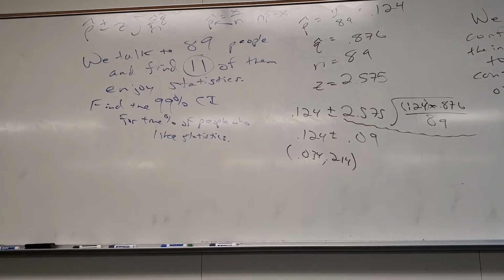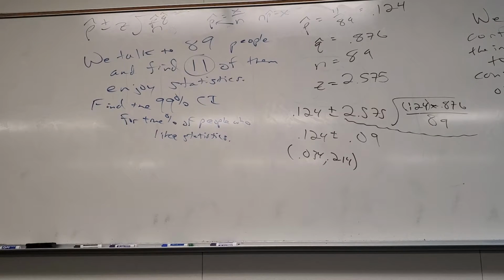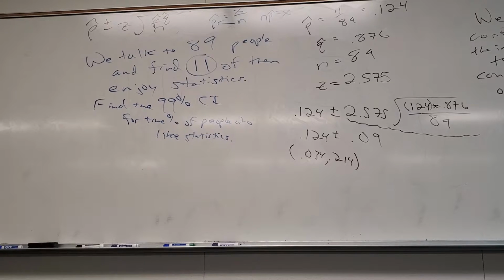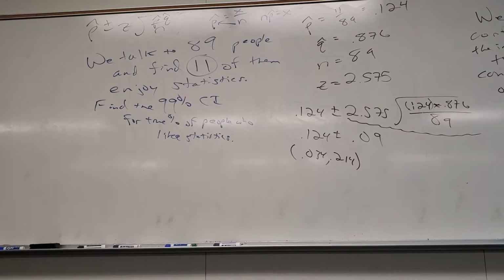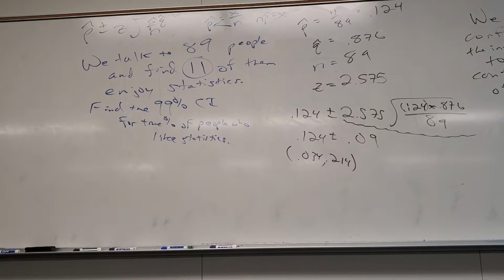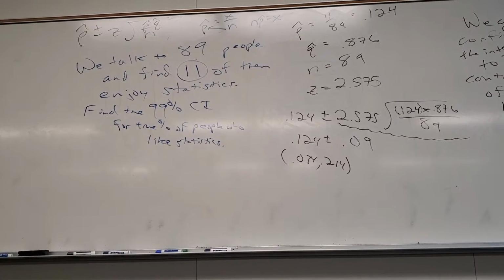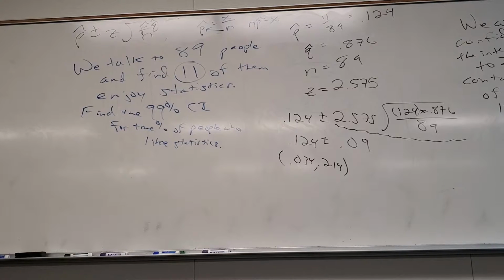So he put this analysis out under a pseudonym. He called himself Student. What this was all about was he didn't know the population standard deviation, and I think this was fermentation times or something. So he had to take a sample standard deviation.